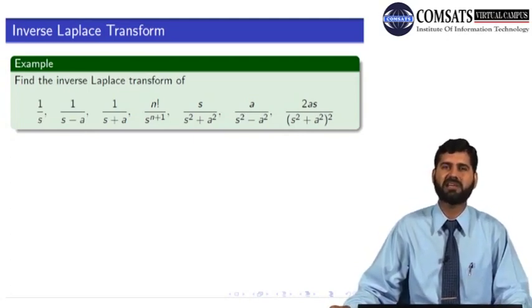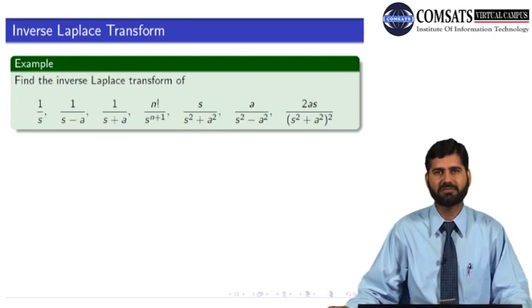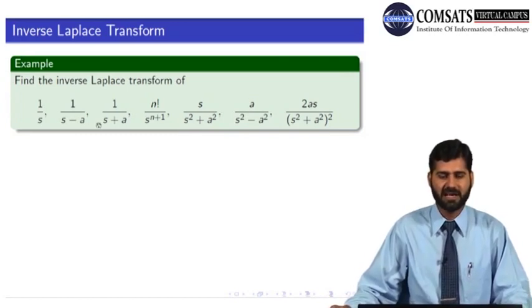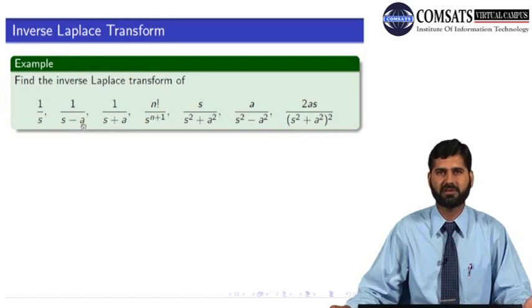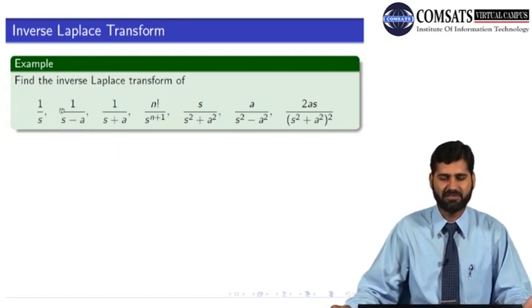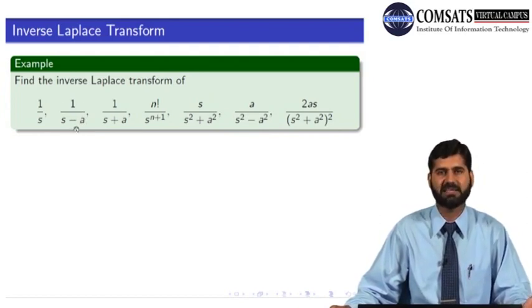So it means Laplace inverse of 1 over s should be equal to 1. Simple as that. What was this function Laplace transform of? Do you remember? 1 over (s minus a) was the Laplace transform of e to the at, right? So it means the inverse Laplace transform of this function is e to the plus at.